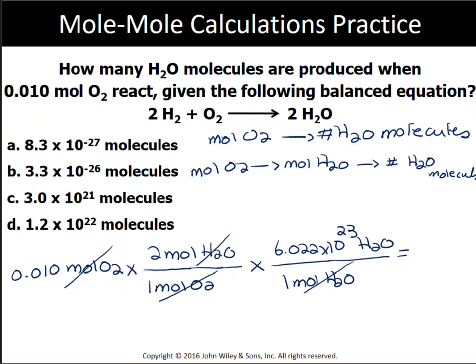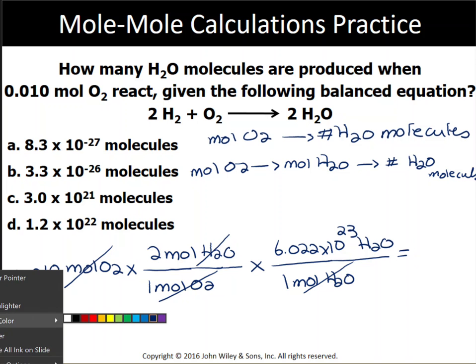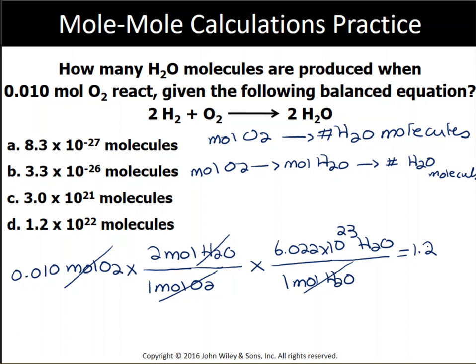And from here, we should be able to find the number of molecules of H2O. So this answer here is 1.2 times 10 to the 22nd molecules of H2O.